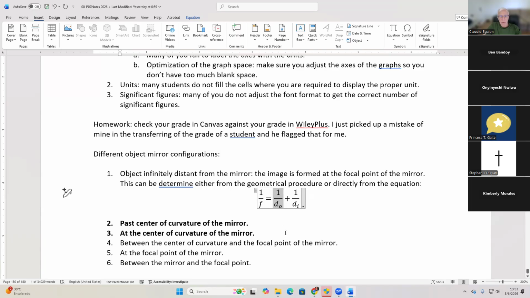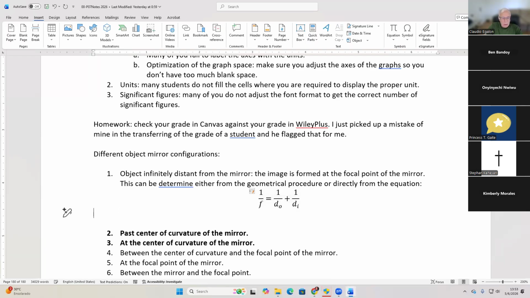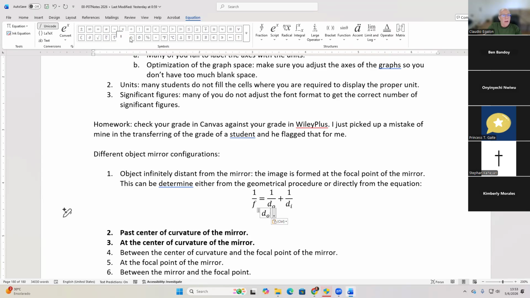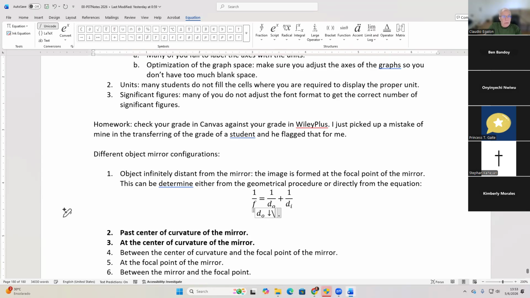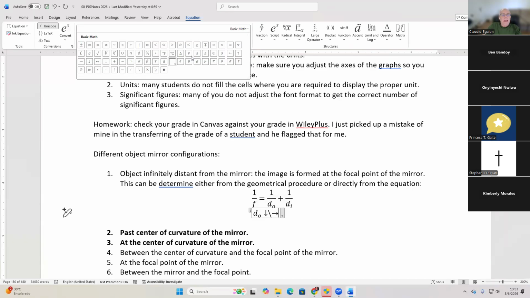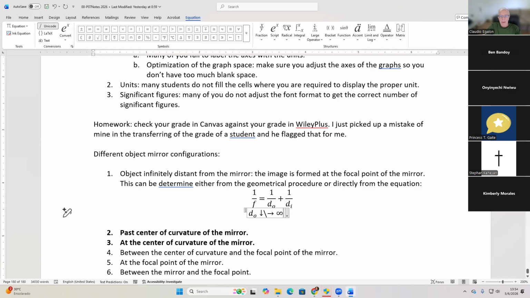This term disappears whenever d naught goes to infinity. Where's the infinity symbol here? Oh yeah, here you go. Okay.